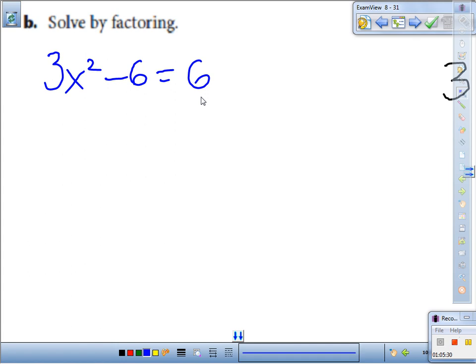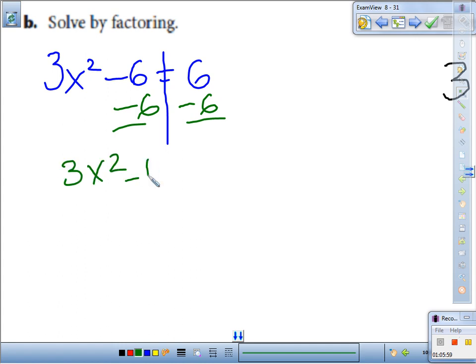On the previous one, we needed to leave x by itself. On this one, we don't. We need to get everything on the side where x is at. So line down the equal sign, minus 6, we end up with 3x squared minus 12 equals 0.